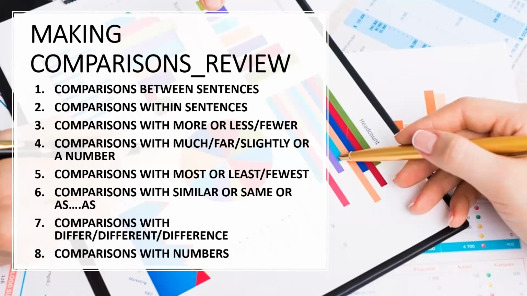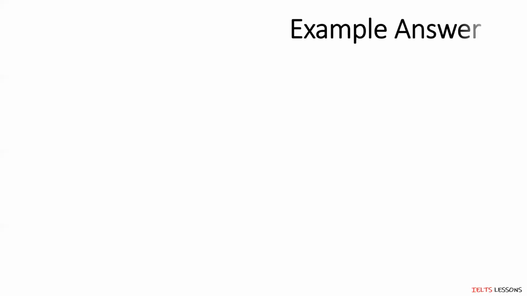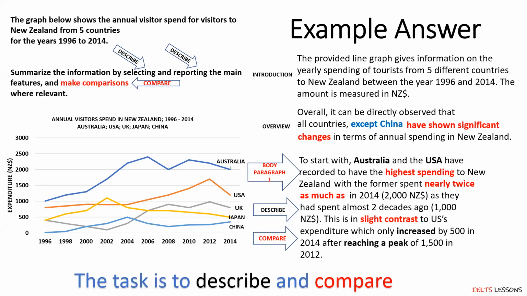Now, these comparisons are the main vocabulary we have to use for data essays, which we also use in cohesion, coherence, or logic. So we just have to browse this one very quickly. These are examples because our main task here is to describe and compare.